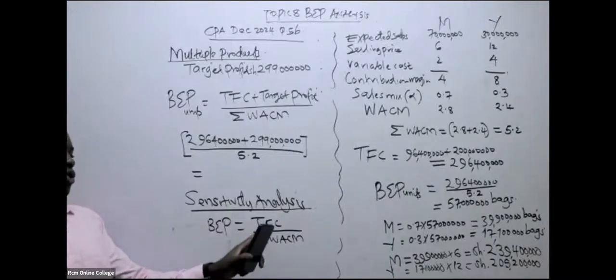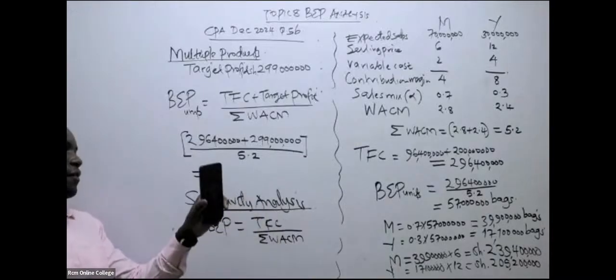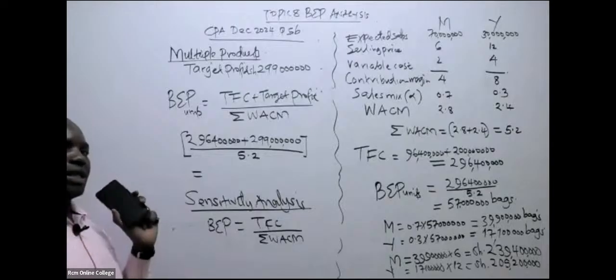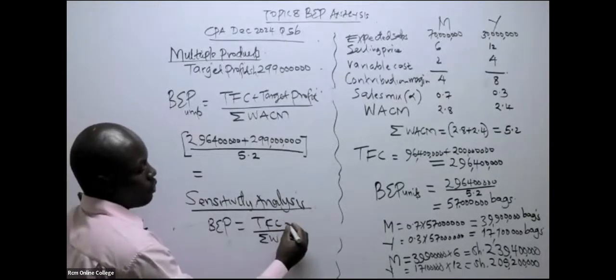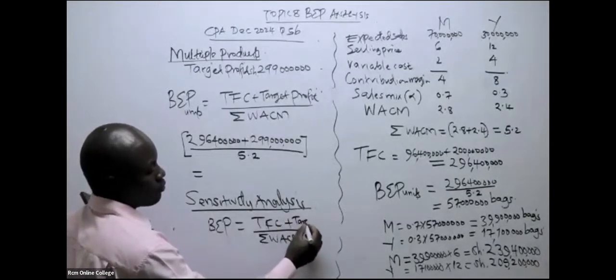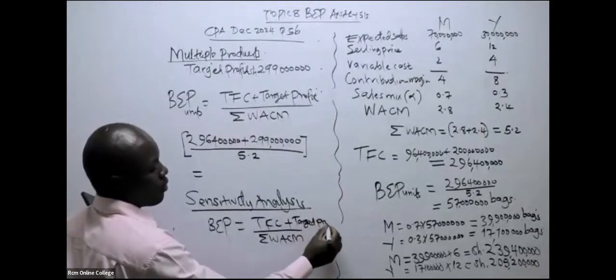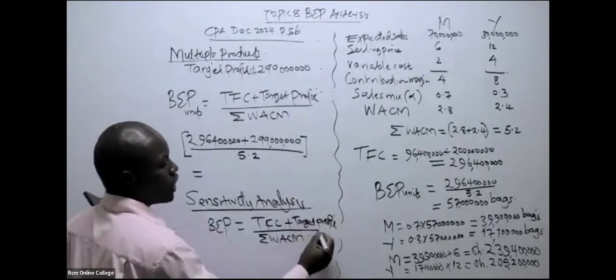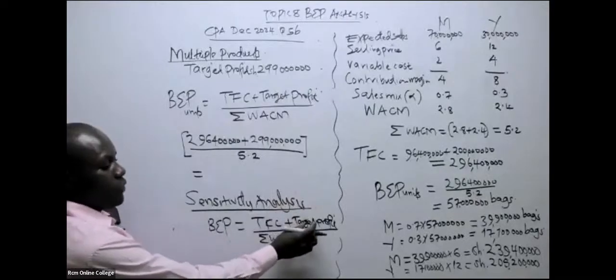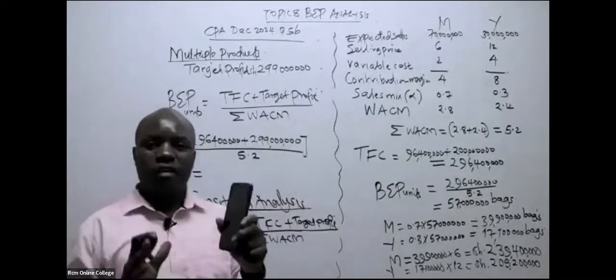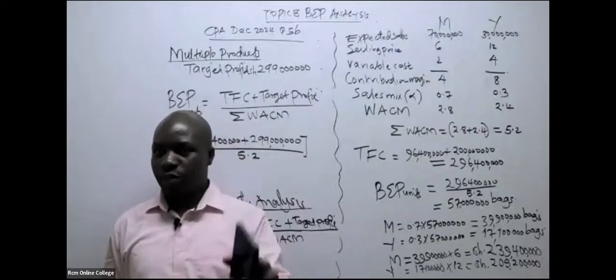Now, this total fixed cost, or numerator, I can interfere with by introducing target profit. It should be plus target profit. Originally we did not have target profit. What if I keep everything constant but introduce target profit?